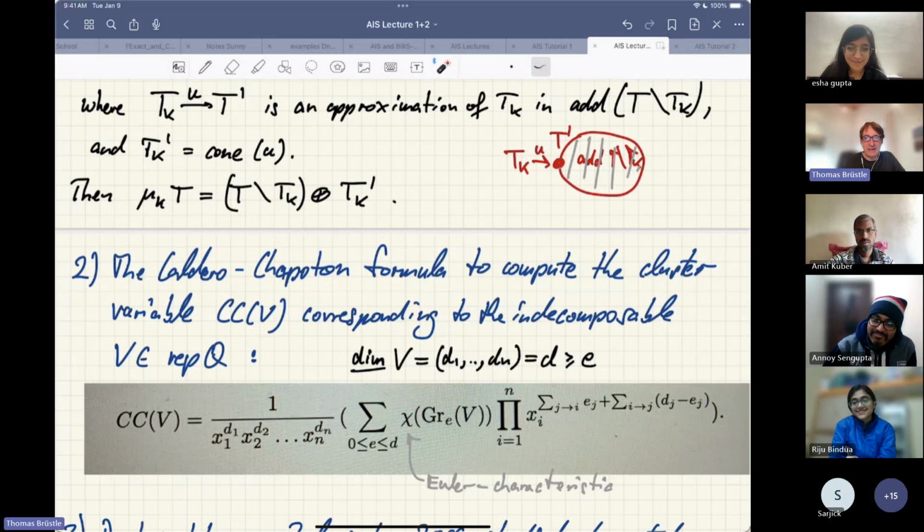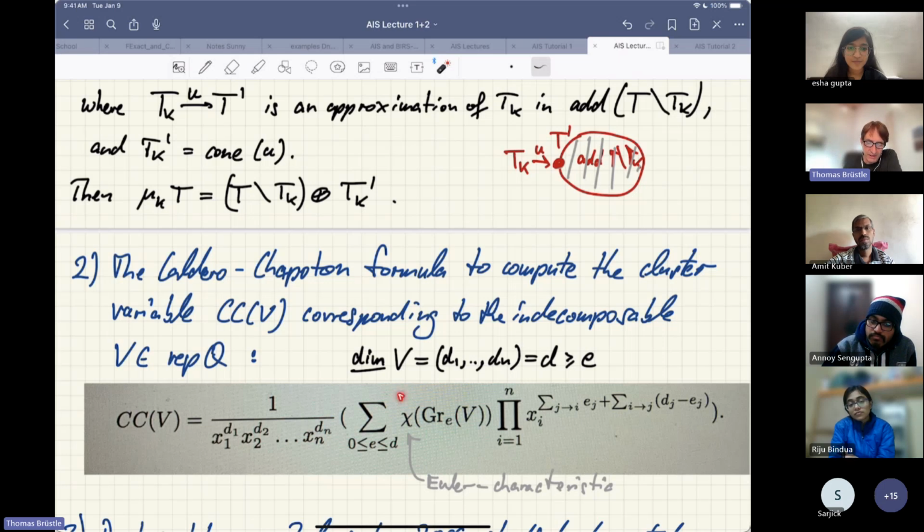Unfortunately, these Euler characteristics can be negative. There are some algebraic varieties whose Euler characteristic is an alternating sum of certain dimensions, so in the sum it can be a negative number.